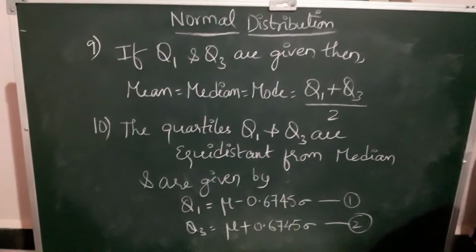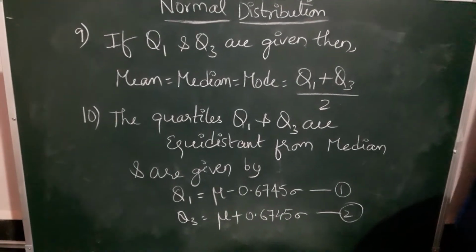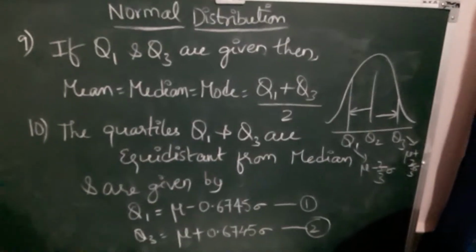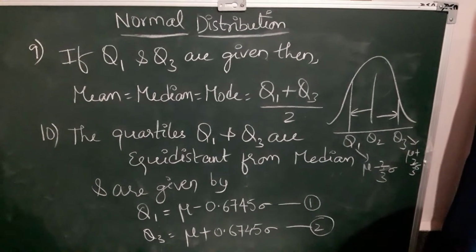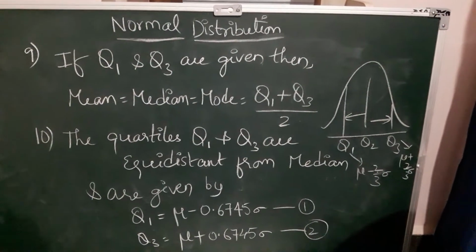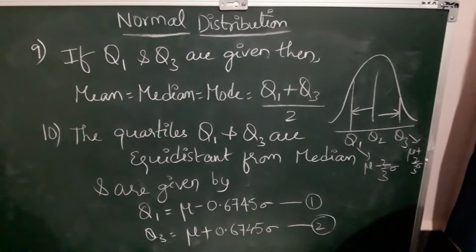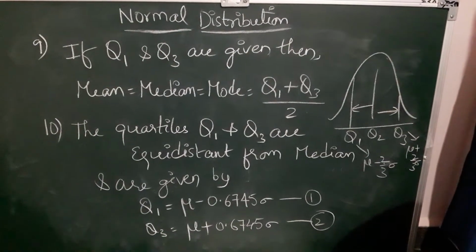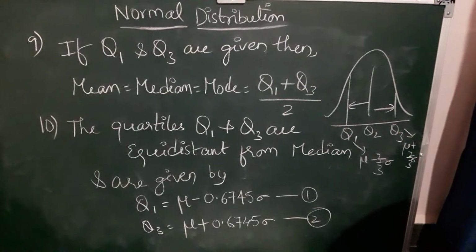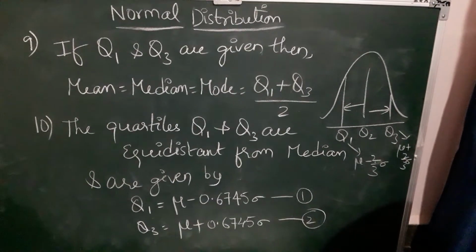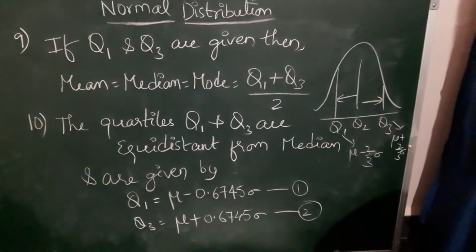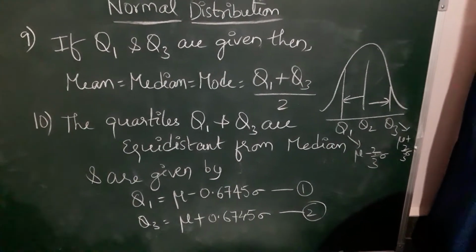So Q1 is on the left side in a normal curve. Look at the curve: Q1, Q2, Q3. The median is equidistant from Q1 as well as Q3, right? The quartiles Q1 and Q3 are equidistant from the median. Now the area covered for Q1 is mu minus 2 by 3 sigma, and for Q3 it is mu plus 0.6745 sigma.